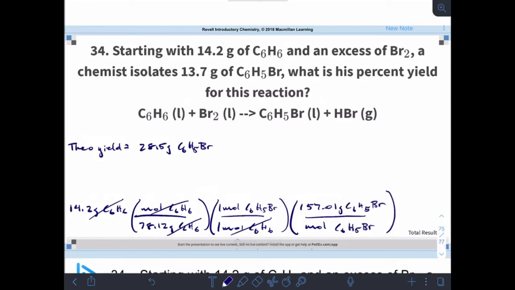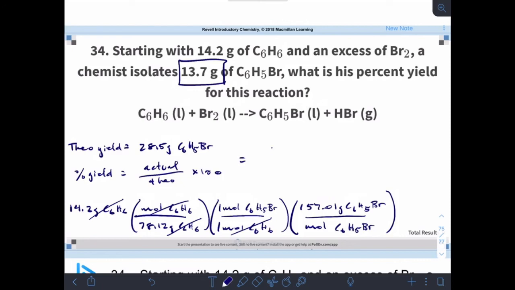Right, now my percent yield is actual over theoretical times 100. Remember, our actual yield is this 13.7 grams.